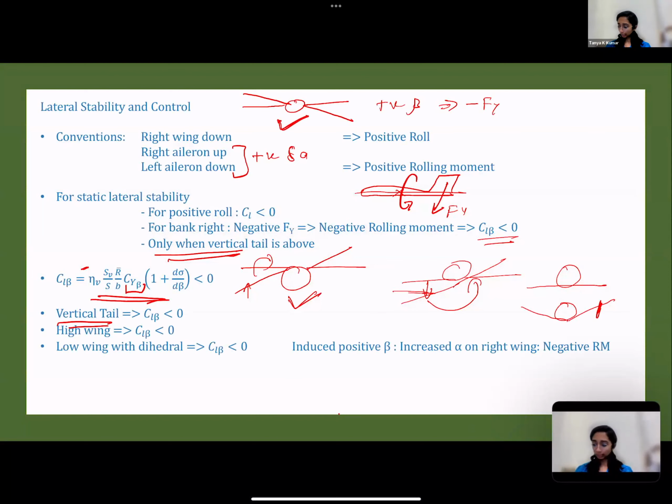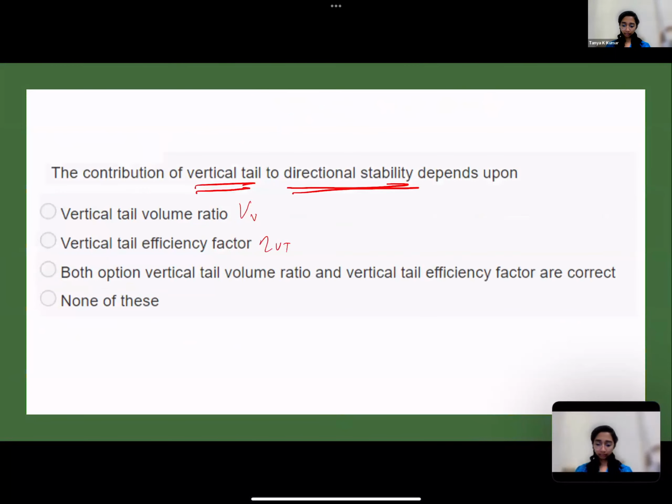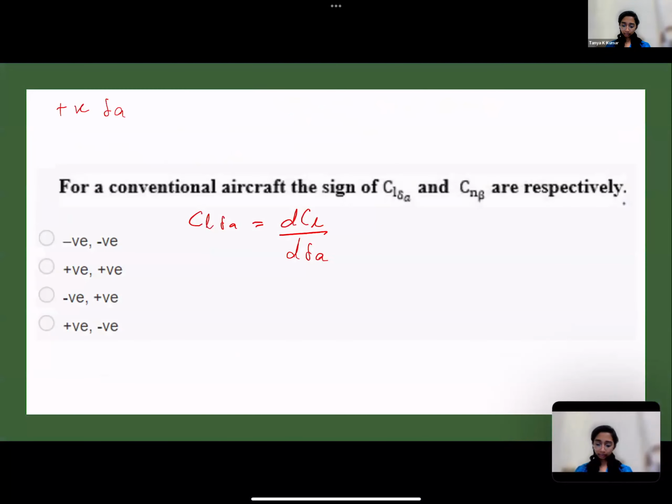So this is positive delta A. Okay, this is positive delta A. Now tell me what CL will this produce, positive or negative? Right aileron up, left aileron down. Will it produce positive or negative rolling moment?